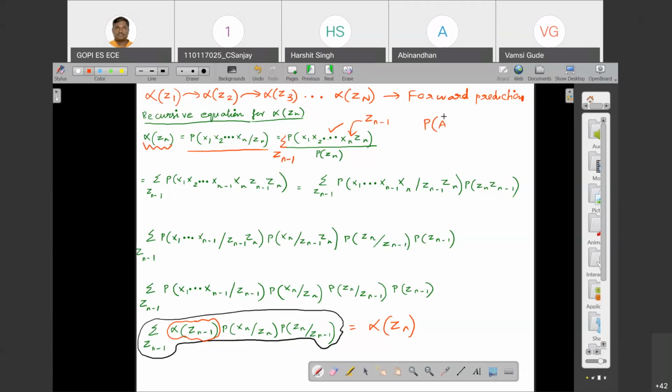For example, probability of AB, if I want to know, I can introduce a new variable called C, and then if I take the values of C, I get this. So that trick is what is called sum over. That is a trick, of alpha of n minus 1.